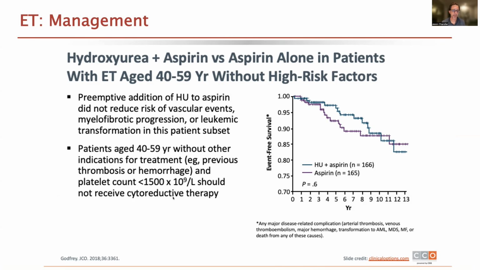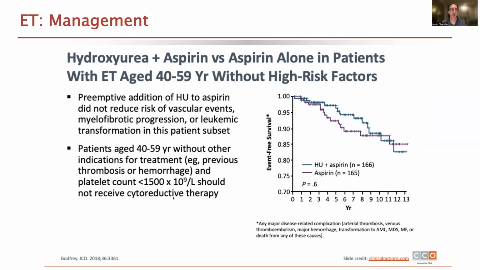So if you're not in that high risk group, they actually did a study. And even when patients had platelets that were like 1 million, not even up to 1.5 million, they tried aspirin or aspirin plus hydrea, and there didn't really seem to be much difference between the two.